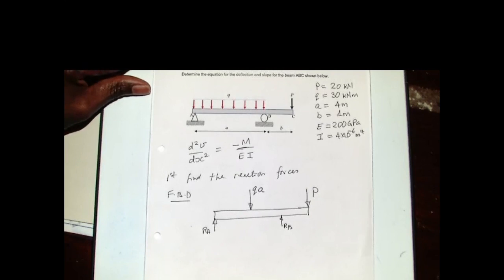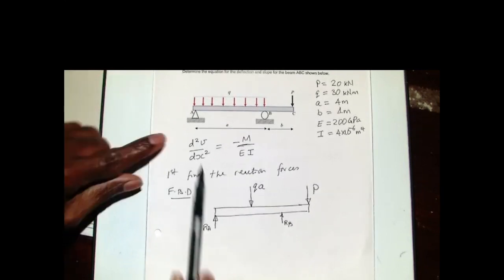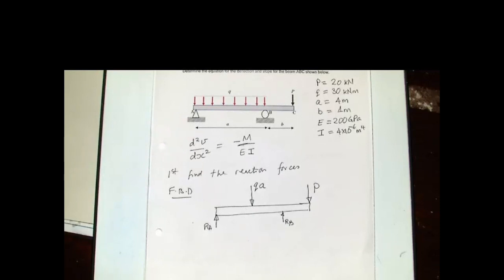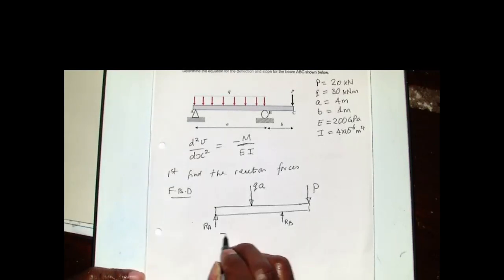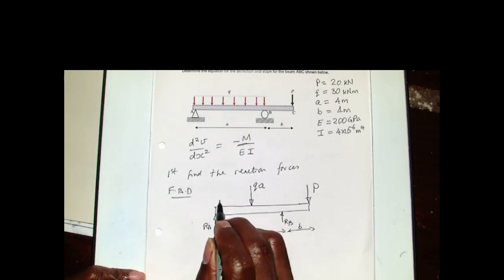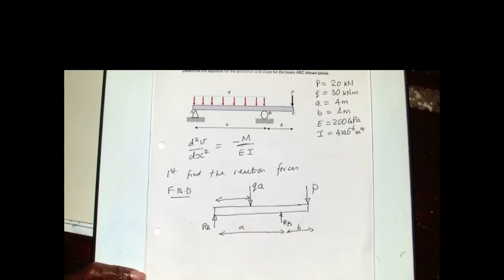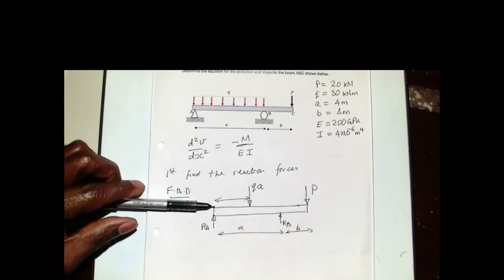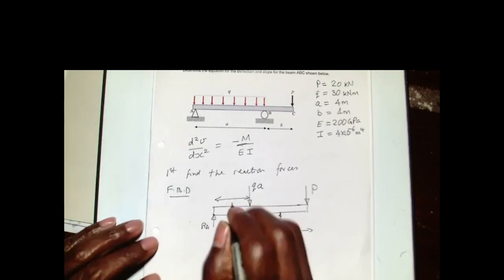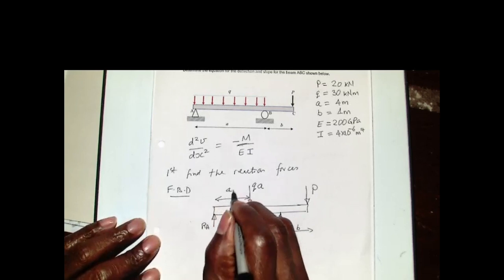Q is load per unit length, and the length over which it acts is A. The net effect is to act through the center. So our A is this, our B is this, and what is this length here? A over 2, thank you. So that is A over 2.